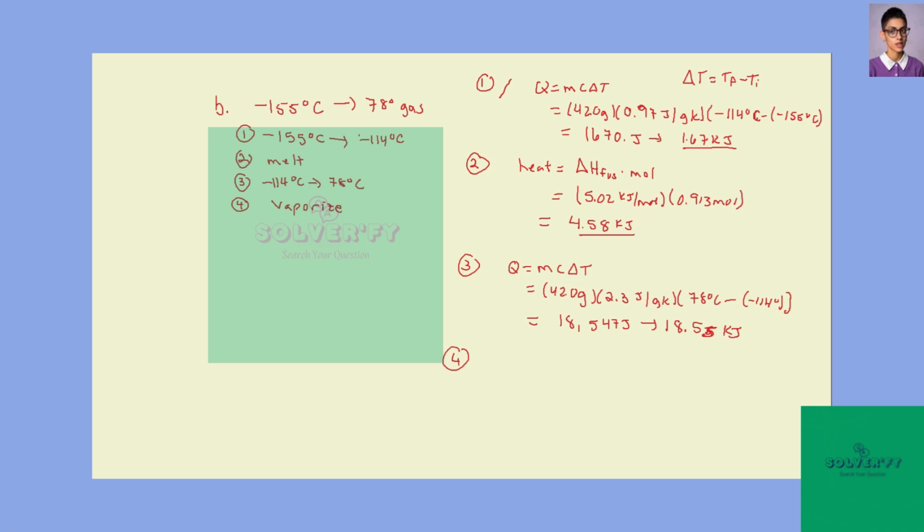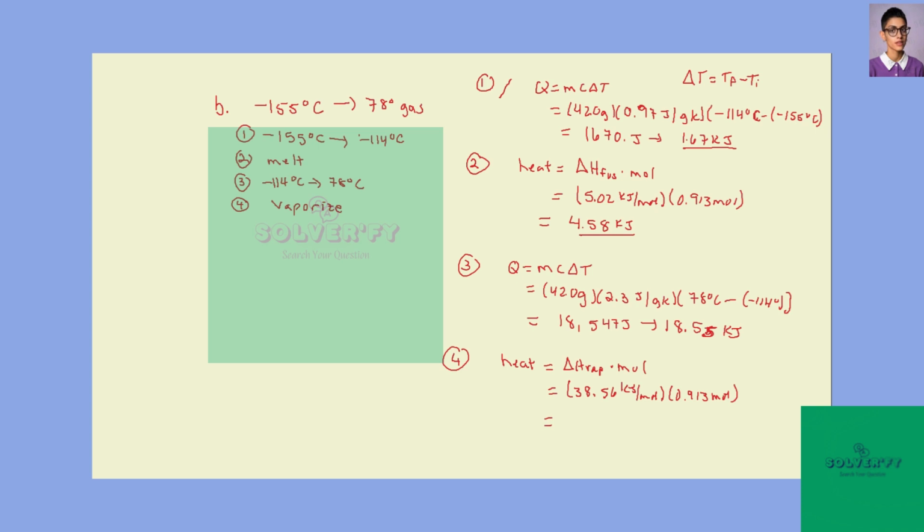Finally, step 4, I'm vaporizing it, which I did in part A, but I'll go ahead and write it out again. So this is going to be equal to the heat of vaporization times the moles. So that's 38.56 kilojoules per mole times your number of moles, which is 0.913.